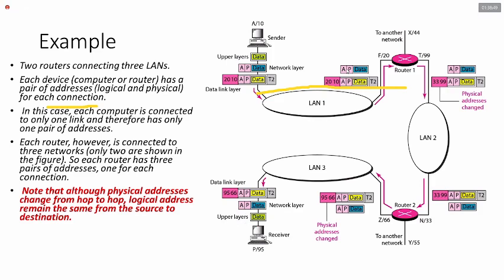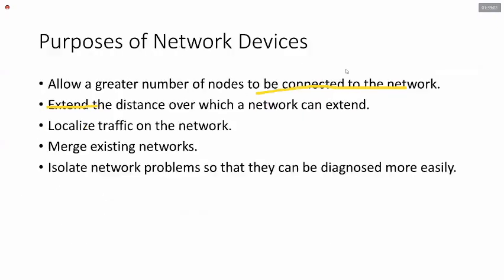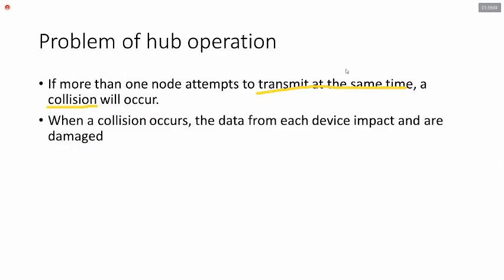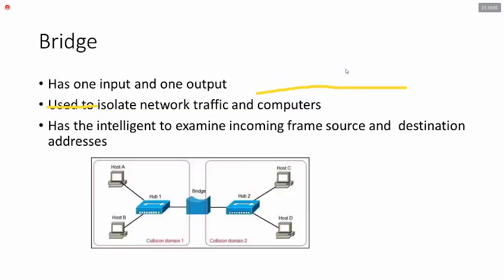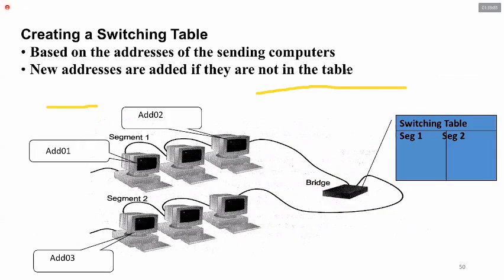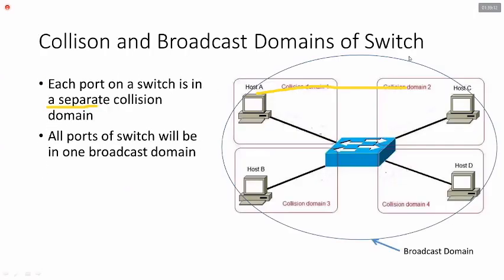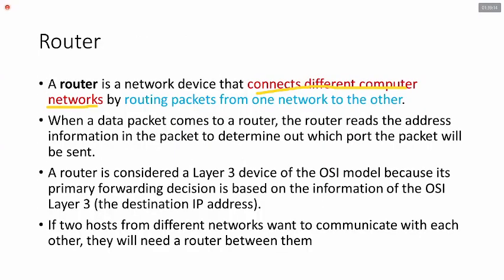And router 2 is connecting LAN 2 and LAN 3 together, right? So routers usually connect networks together, right? So that means a router should be more intelligent than a switch, right? So we say routers are layer 3 devices, right?